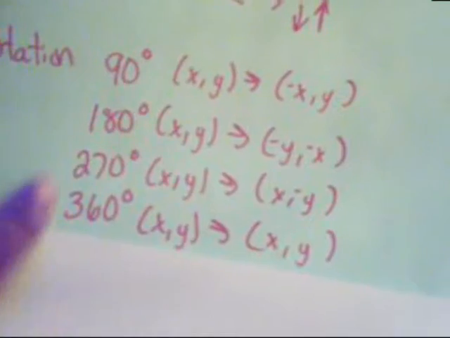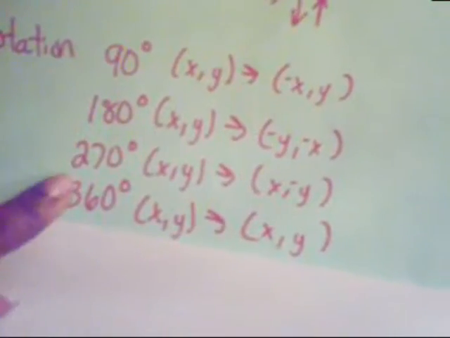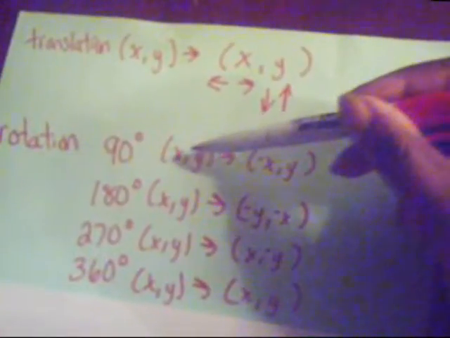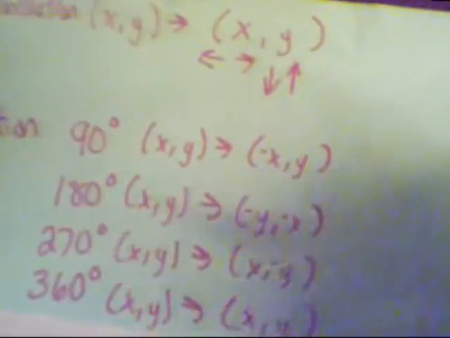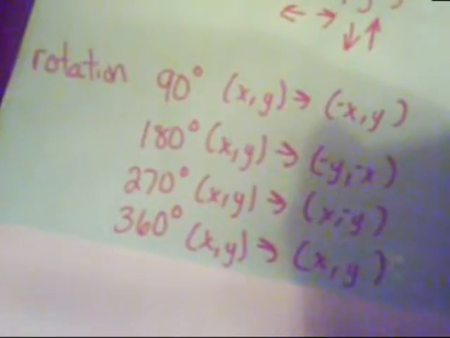You can either move it 90 degrees, 180 degrees, 270 degrees, or 360 degrees. Okay? So guys, in each one of these rules, what you have to remember is what XY goes to. So guys, this will be a good time for you to take a picture or to write these rules down, depending on how many times you're supposed to move your image around the origin.